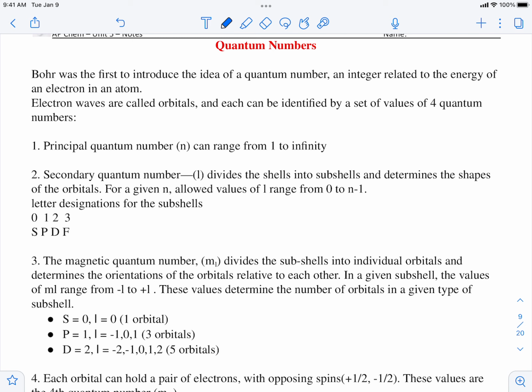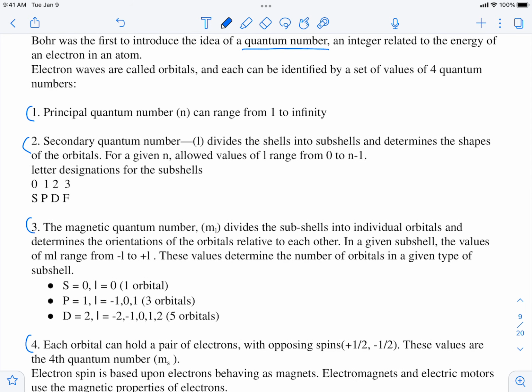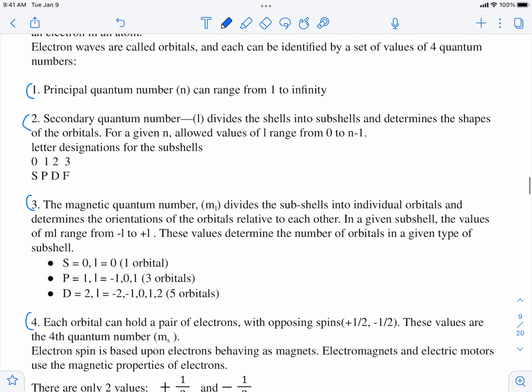Bohr was the first to introduce the quantum number, and the first quantum number is essentially the energy level. But now we've broken it down and we have four specific quantum numbers. Every electron has four quantum numbers, and of course, each of those numbers varies. So we'll go in order from the beginning.